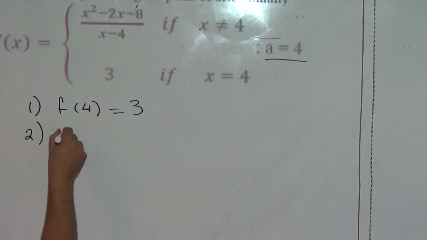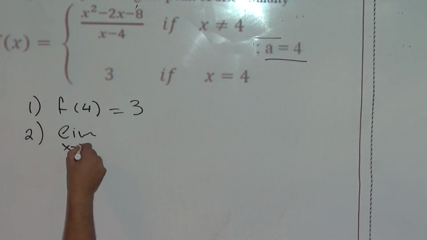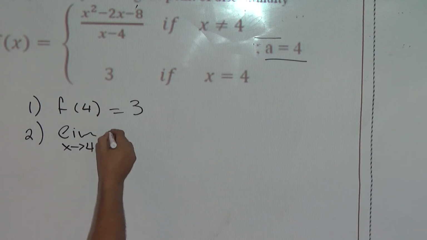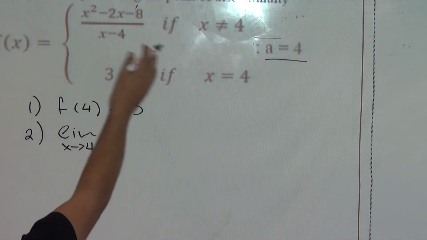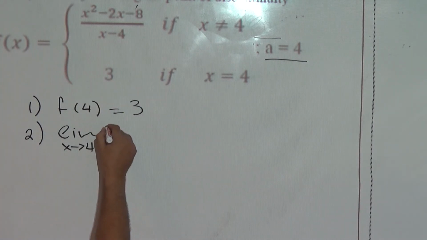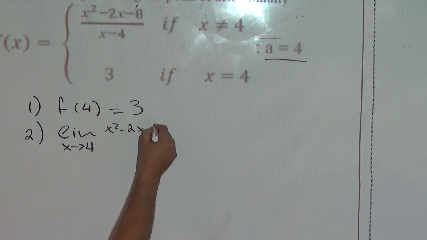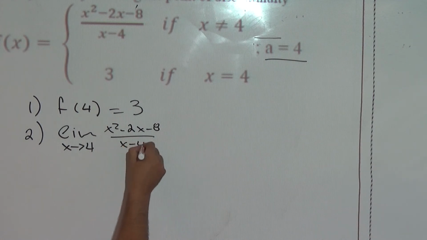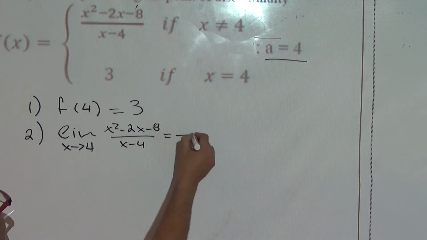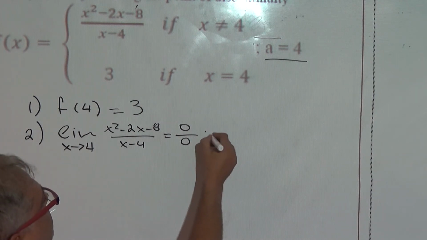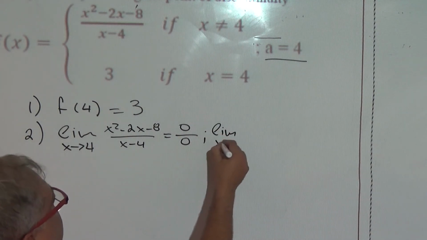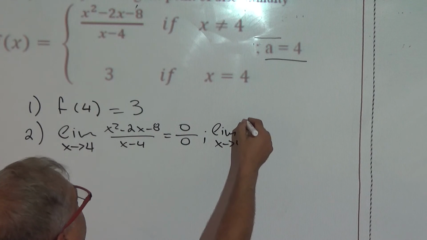Then I have to find the limit as x goes to 4, and if I substitute on this function, because the limit means approaching from the left and right, (x squared - 2x - 8)/(x - 4), I will get 0 over 0. So I will have to play the same game. Factor, simplify, recompute.